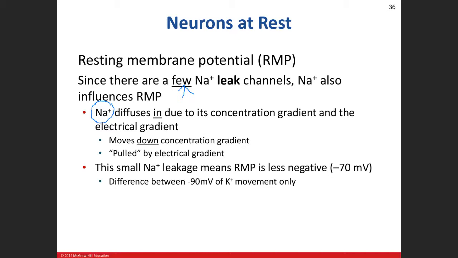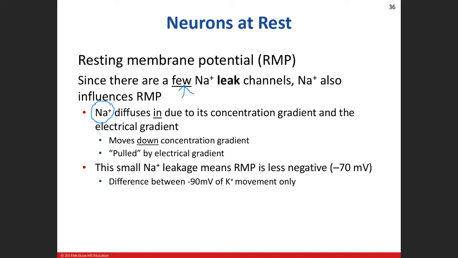Remember, it's negatively charged inside, right? Opposites attract, right? So if sodium is positively charged, will it not be drawn into the cell? Won't it want to move into the cell? And it's also got its concentration gradient. There's more sodium outside the cell and less inside the cell.